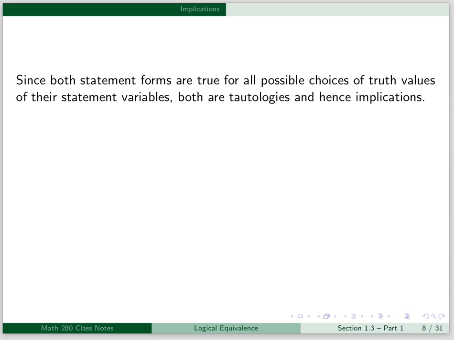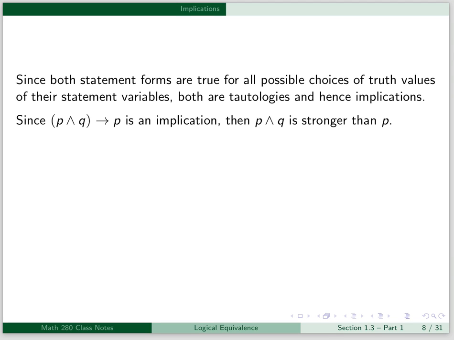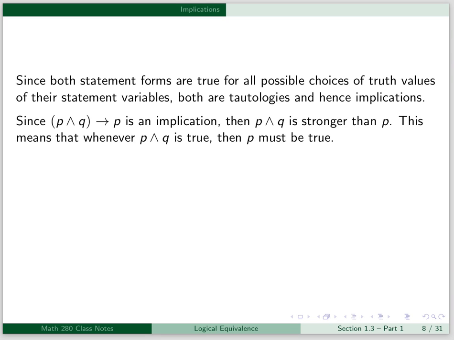Since both statement forms are true for all possible choices of truth values of their statement variables, both are tautologies and hence implications. Since P and Q implies P is an implication, then P and Q is stronger than P. This means that whenever P and Q is true, then P must be true.